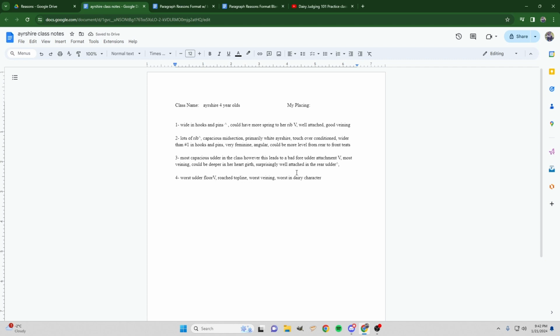Okay. And if we start looking at this, I can start coming up with a placing. And I didn't have a whole lot of notes on 1. I had a lot of notes on 2. I said she had lots of rib. She had a good midsection. She was a touch over condition. And she could be more level from her rear to front teats. But she was wider than number 1 on the hooks and pins.